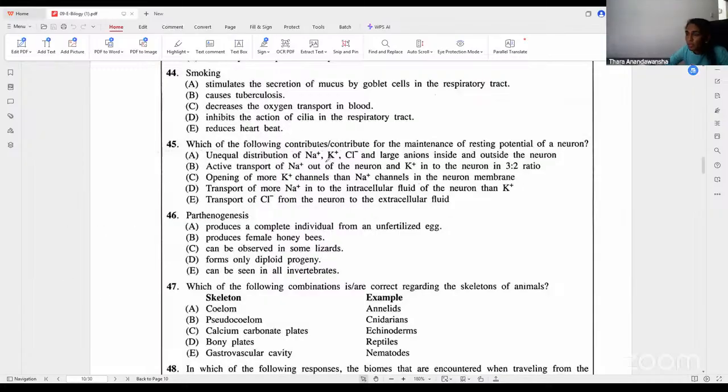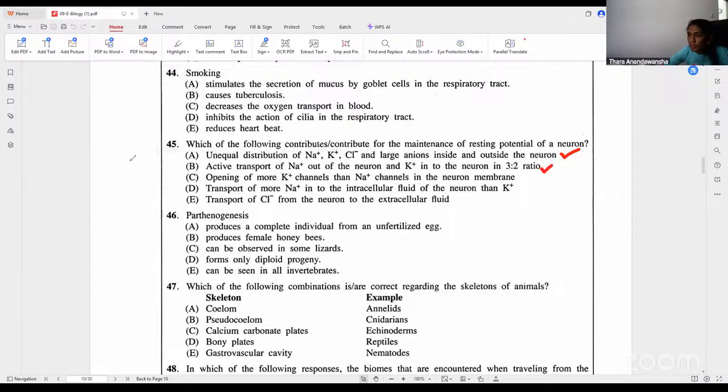Unequal distribution of sodium, potassium, chloride, and large anions inside and outside of the neuron. Correct now? Active transport of sodium out of the neuron and potassium into the neuron, 3:2 ratio. Yeah, that's correct.